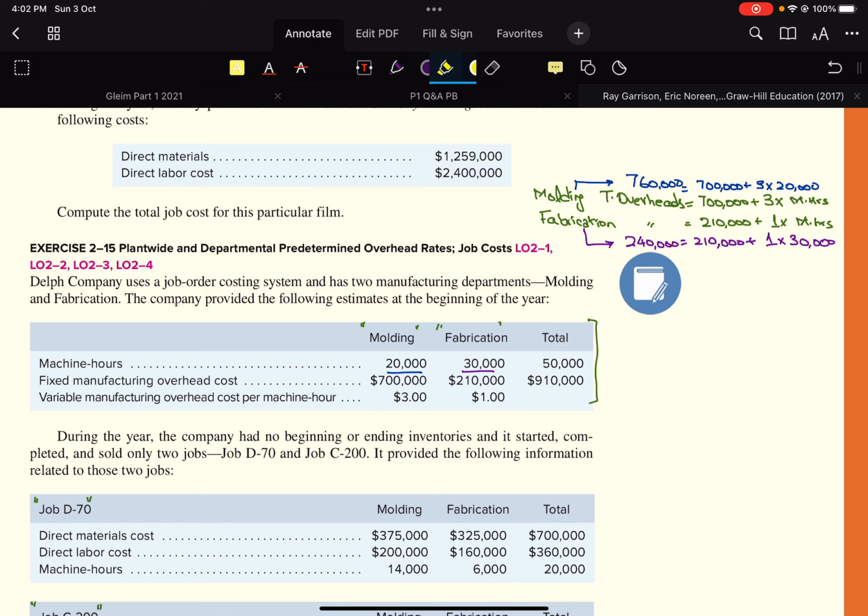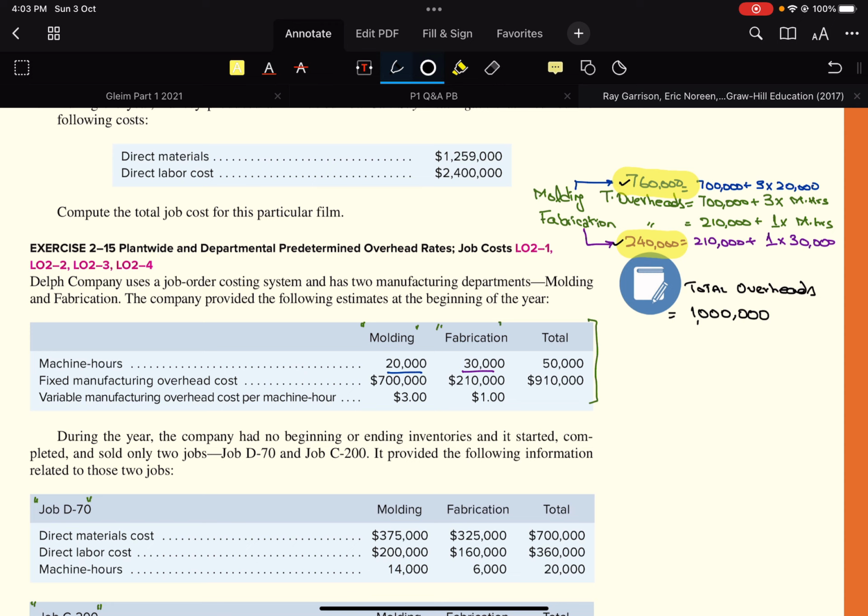Total overheads are going to be 760,000 plus 240,000, which equals 1 million.